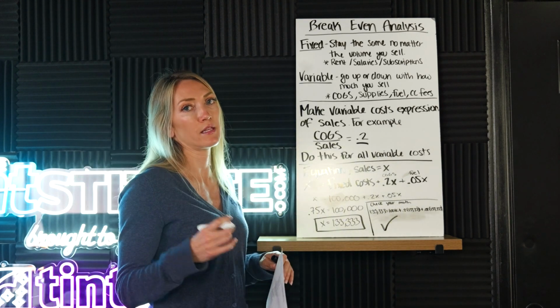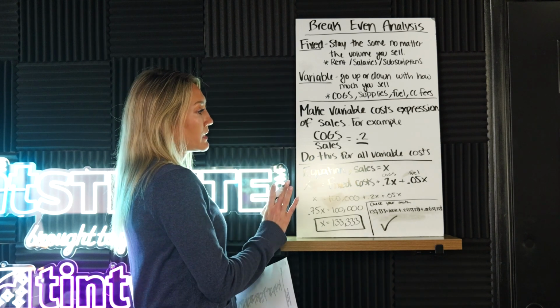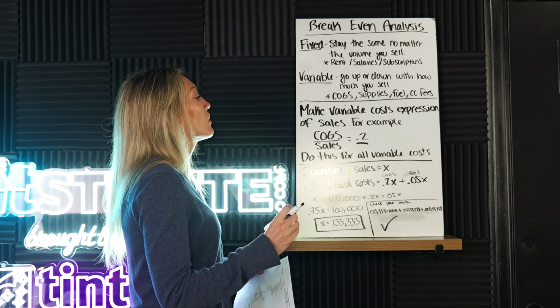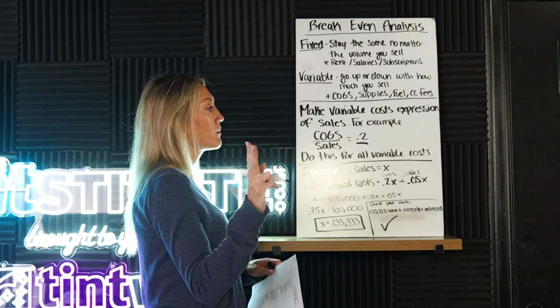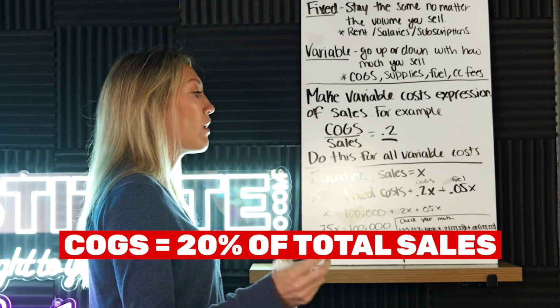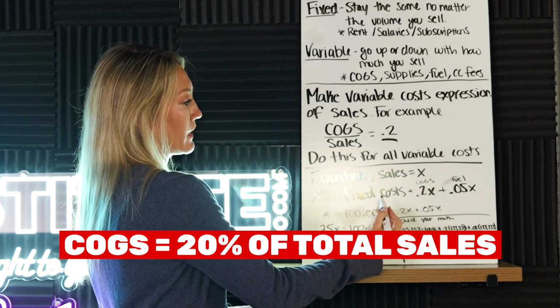So now I'm going to run the equation. For this specific example, our pseudo business is going to have two variable costs, which is going to be fuel and cost of goods sold, and then all of its fixed costs are going to be lumped here.